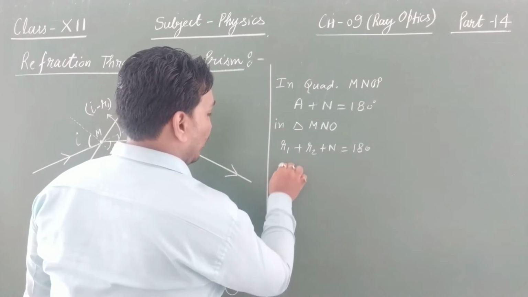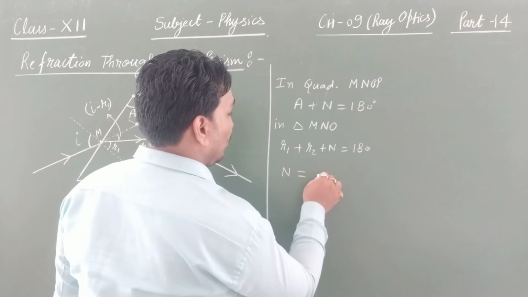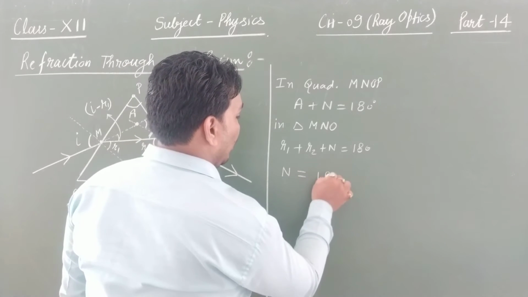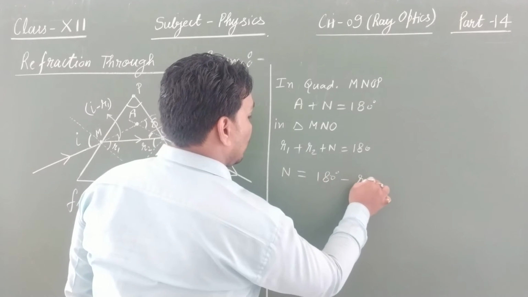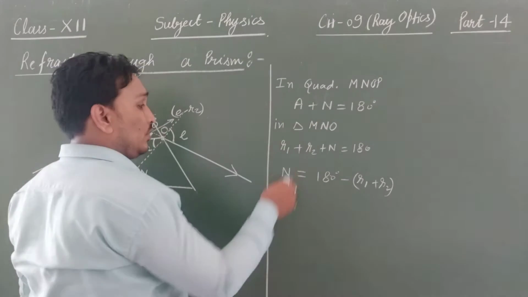So from here the value of N we can write as 180 degree minus (R1 plus R2). So we can put the value of N over here.